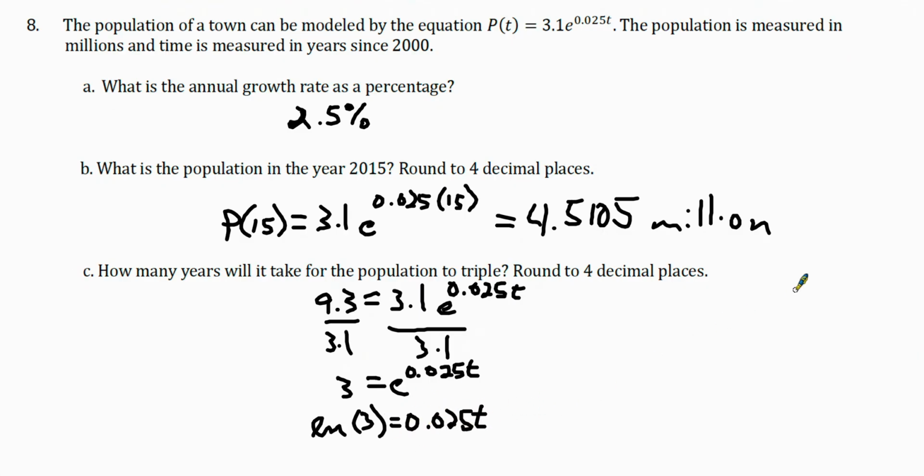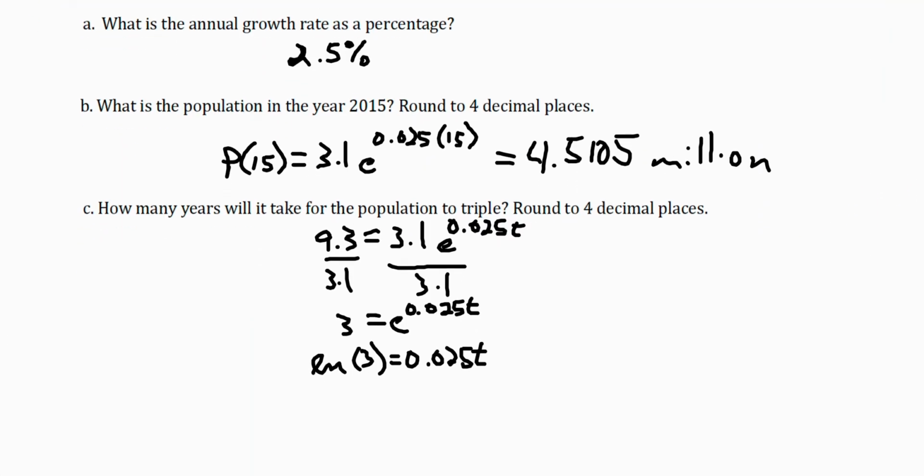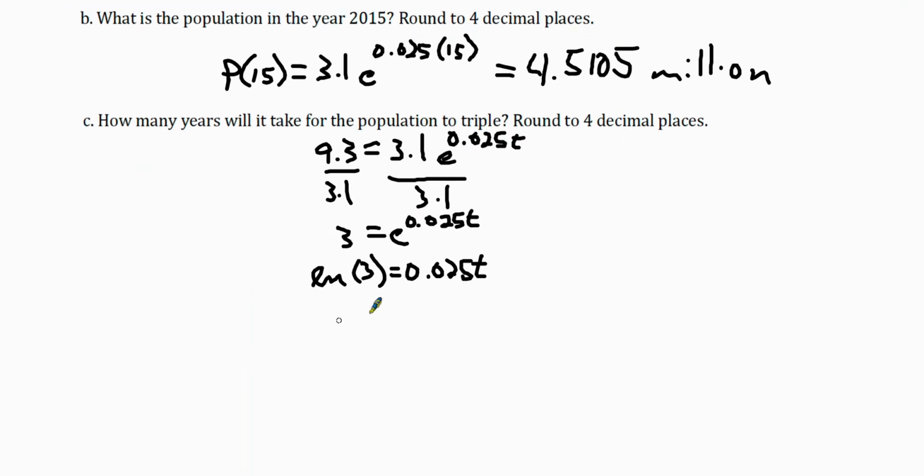I still have one more step to get t by itself. I need to divide both sides by 0.025. And now I can put this into my calculator.